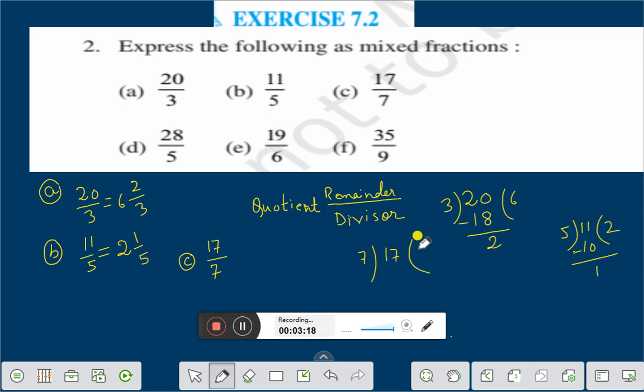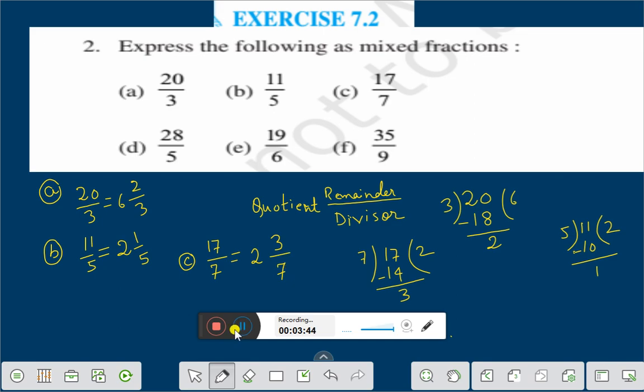Therefore we are getting 7 2 is 14. 17 minus 14, that is 3. Therefore we are getting quotient as 2, remainder as 3, and divisor as 7. 2 whole 3 by 7. Right? We have solved question number C.